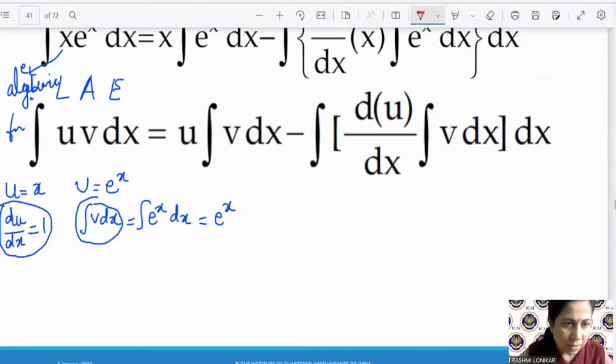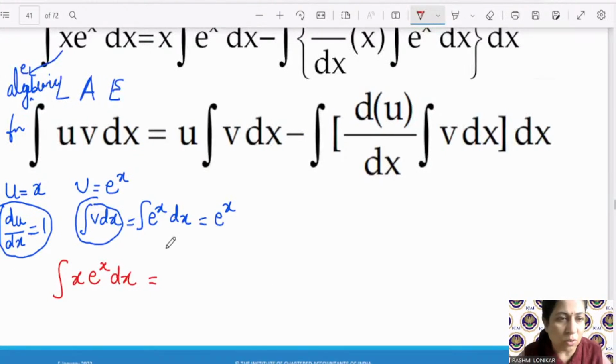So that integral of x e raised to x dx is equal to u, which is how much? x. Okay, this is my u, x into integral of v dx. Integral of v dx is how much? e raised to x, into e raised to x, minus integral of du by dx, which is 1, into integral of v dx, which is e raised to x dx.